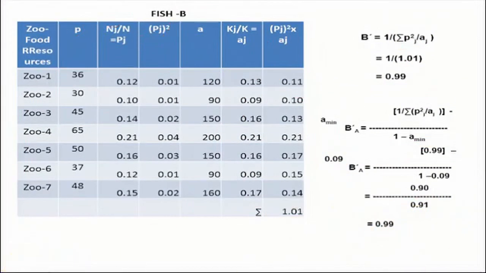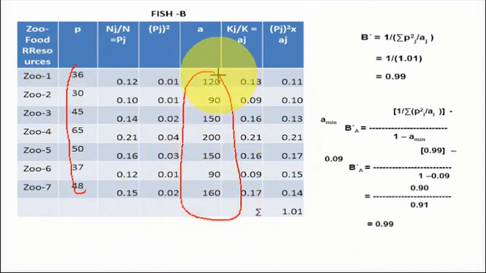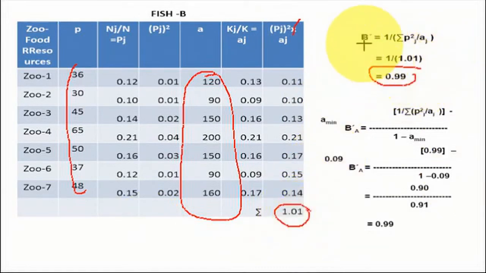Now going to fish B, where the item numbers are higher than the previous numbers. You can see the numbers are also very high in this case. There you can calculate, this is 1.01 in a similar way, divided by 1.01, and we got 0.99 as B dash.